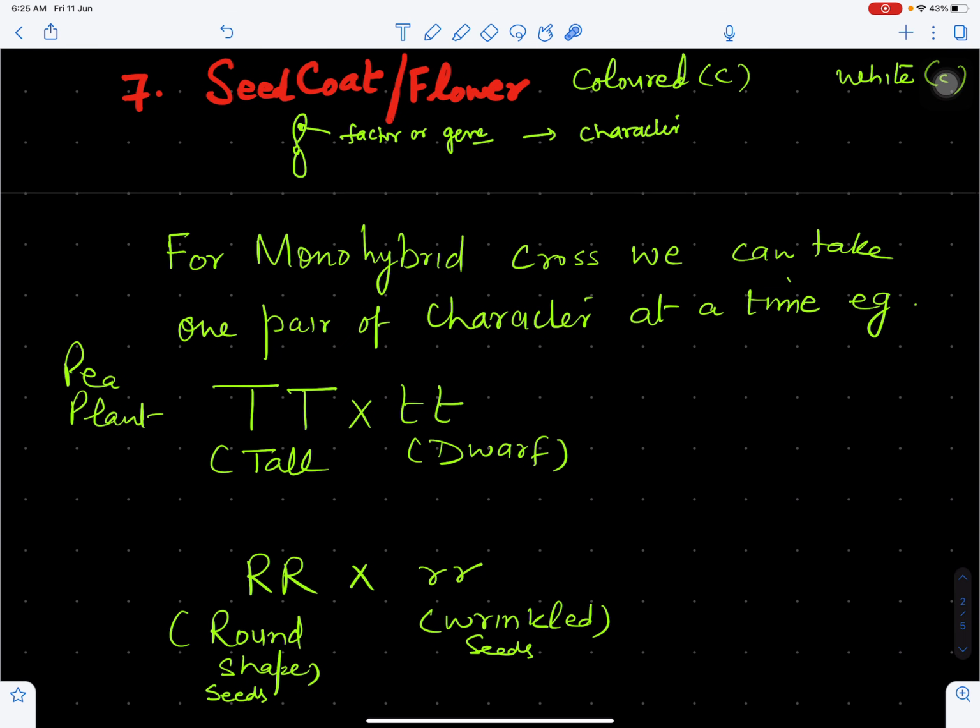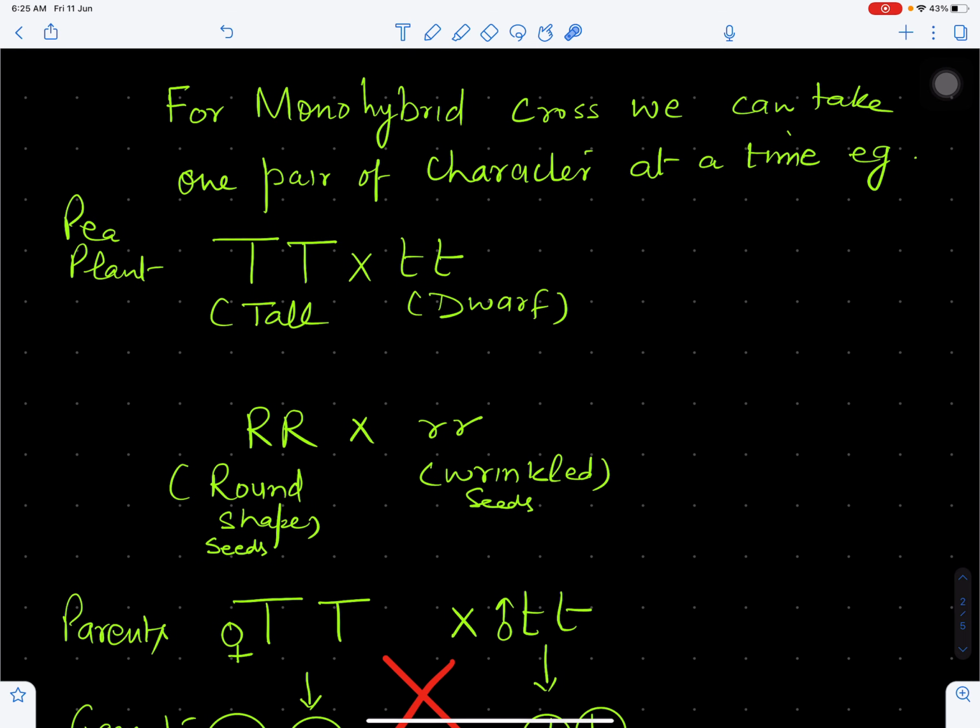Suppose we take plant height of the pea plant. We can cross a tall variety with a dwarf variety, rounded seeds with wrinkled seeds, and similarly axial with terminal, flower colored with flower white. We can take any character at one time. One character being considered at one time is called a monohybrid cross.